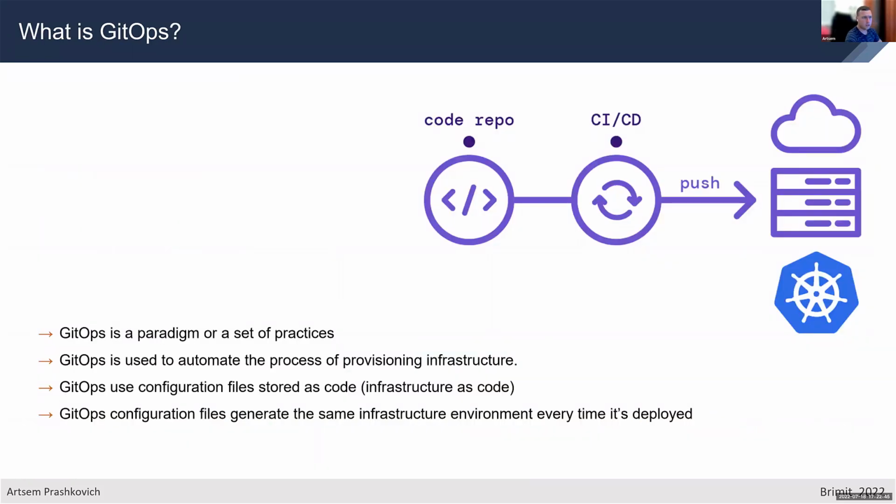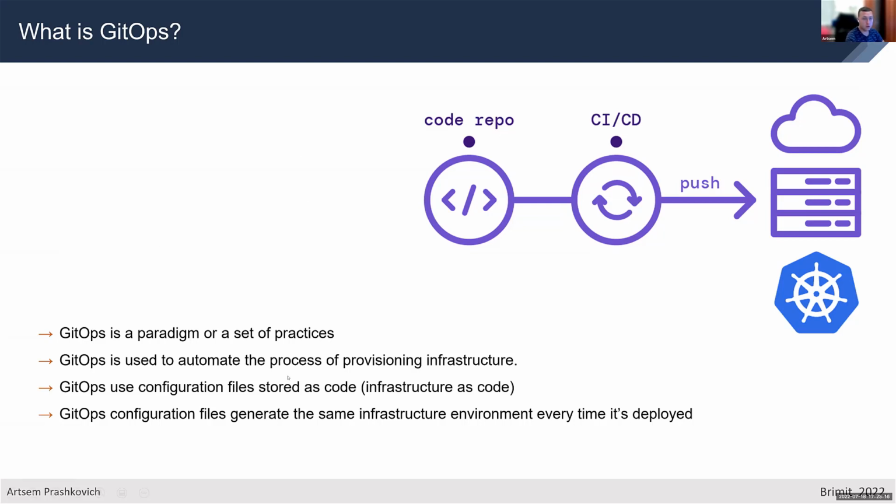So this is a slide about GitOps, and this is from the DevOps world. GitOps is not a tool. It is a paradigm or set of practices that takes DevOps best practices used for application development, such as version control, collaboration, compliance, and CI/CD tooling, and applies them to infrastructure automation.